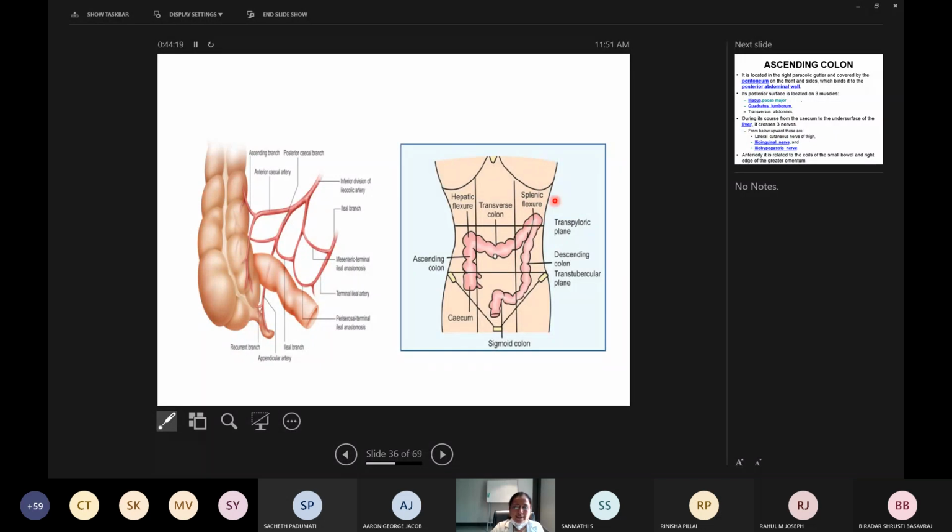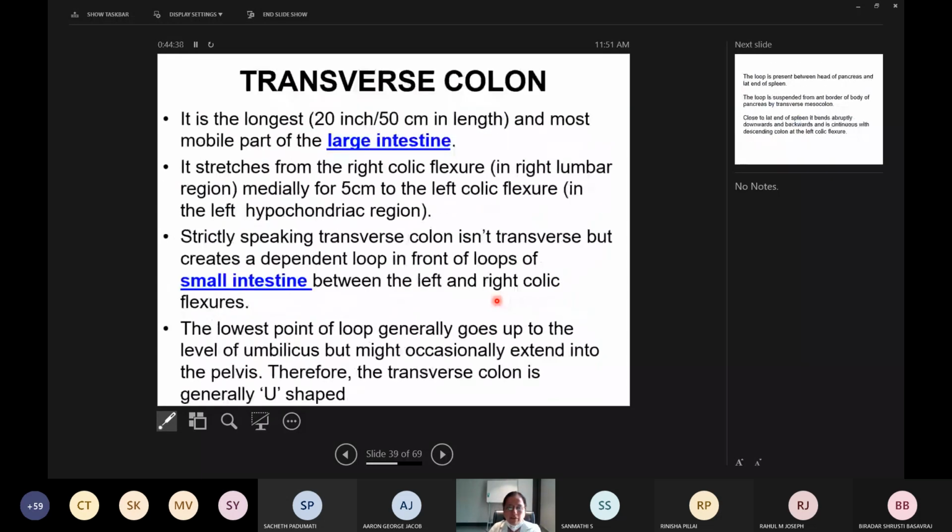It is also called the splenic flexure. It is more acute, almost a right angle. These are the differences between the hepatic and the splenic flexures.